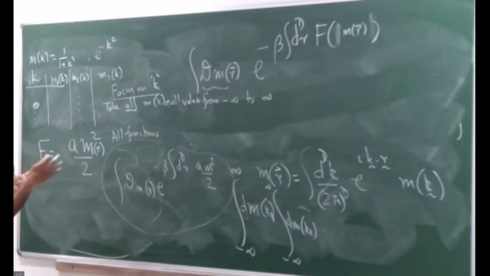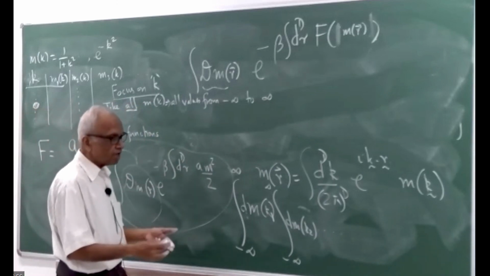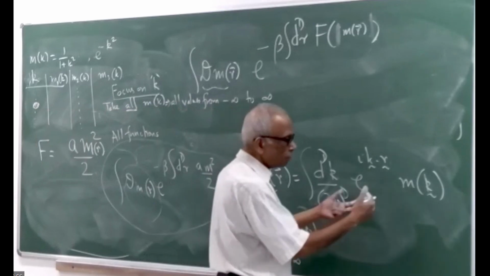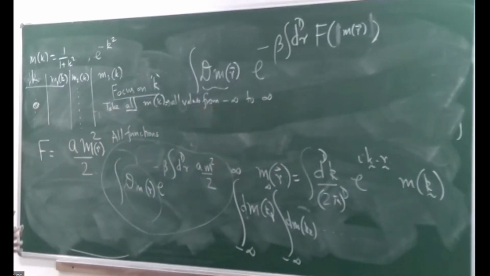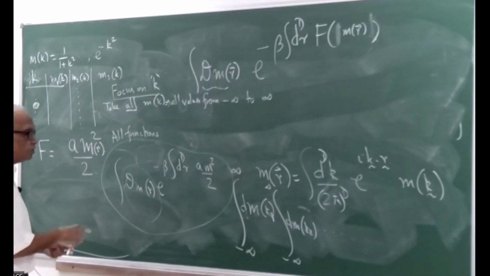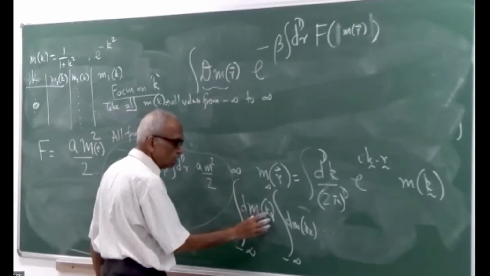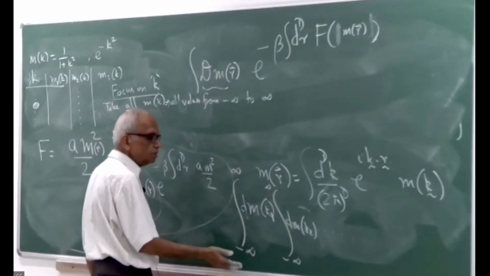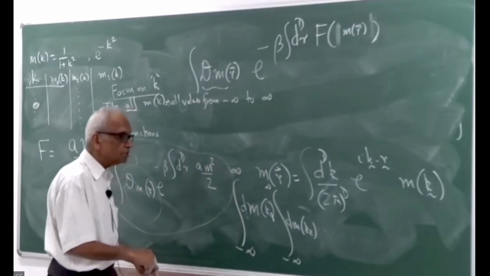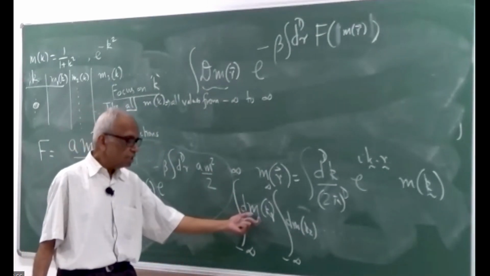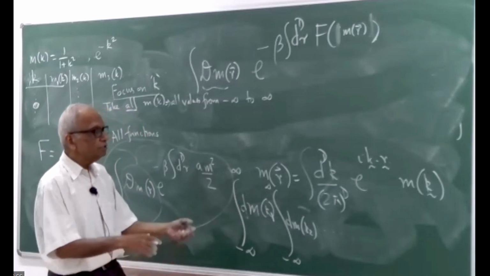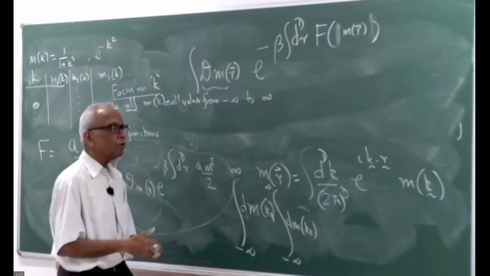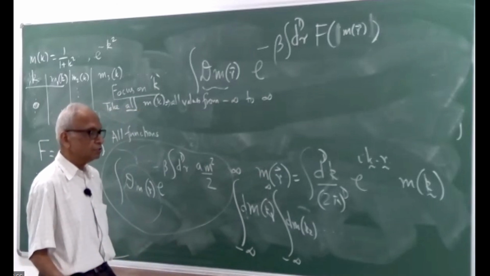All admissible functions m of r give me some bounded m of k's as well, and for every m of k, you go from minus infinity to plus infinity, and you put all of them together, and you have generated all the m of r's in this world.